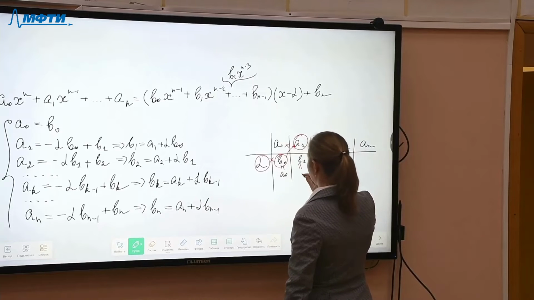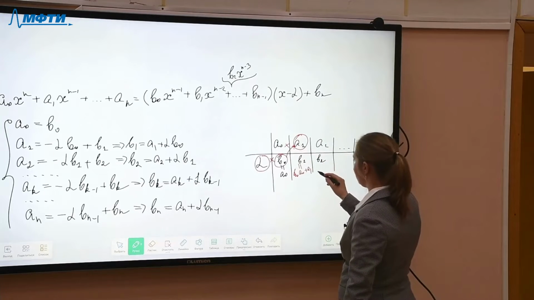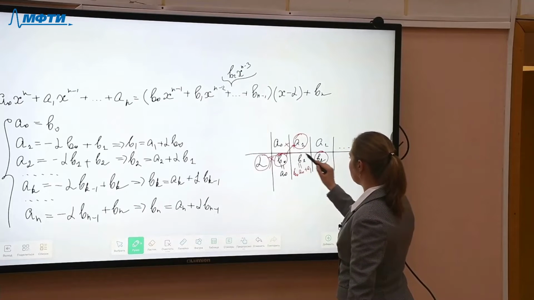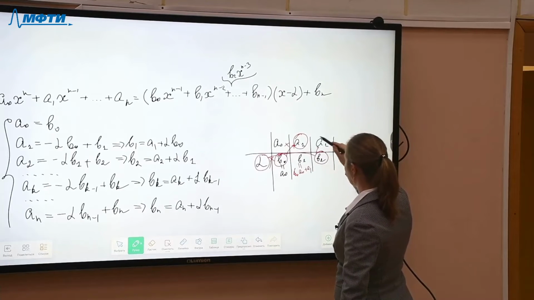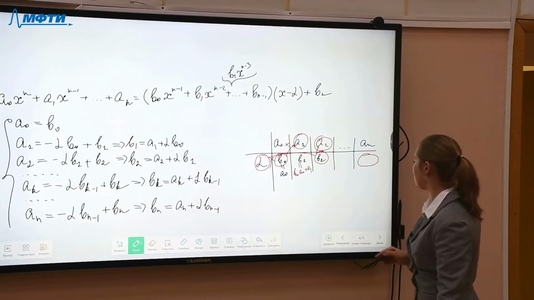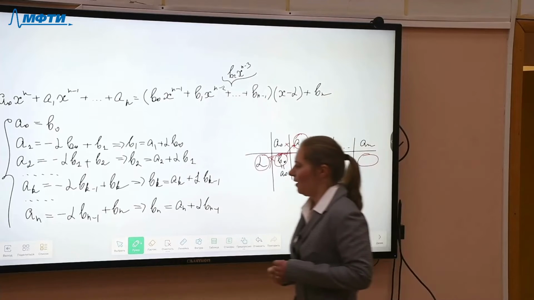So this is b1. Then to find this coefficient, again, we need to multiply alpha by b1, and then we need to add a2, and so on. And finally, here we'll have bn, and this is our remainder. Okay.